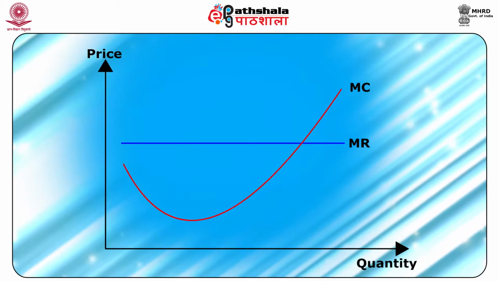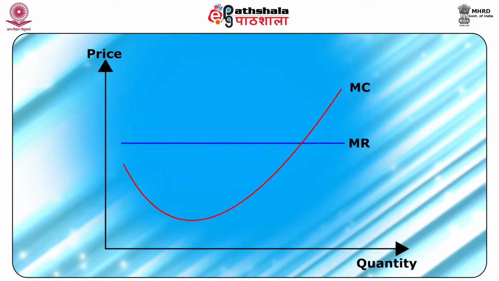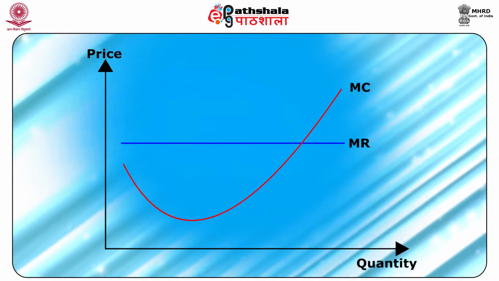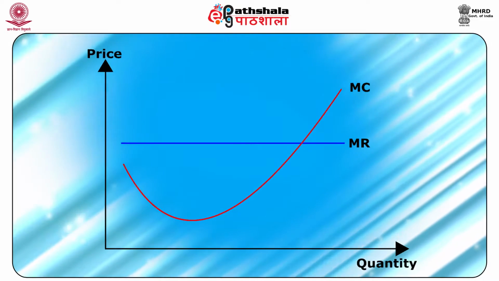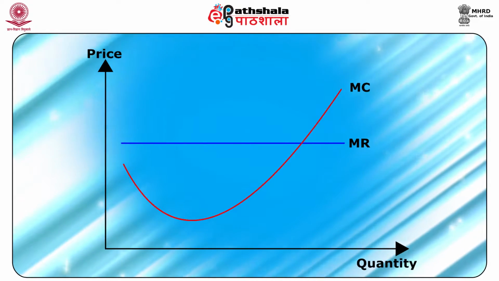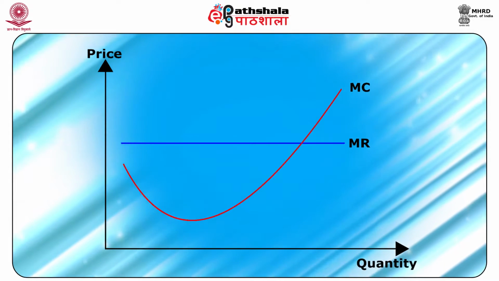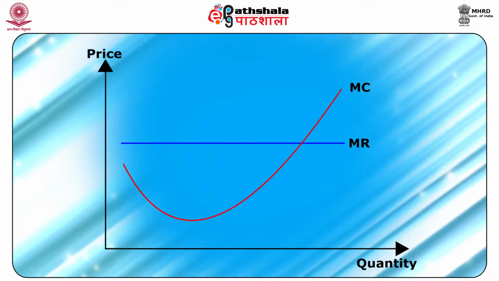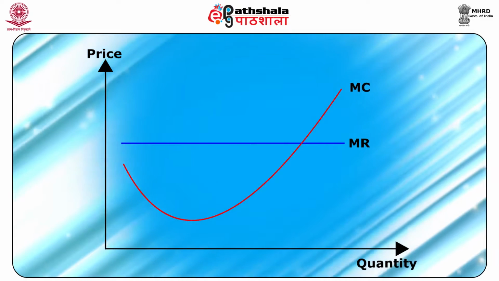The difference between the marginal revenue and the marginal cost means that on each unit the producer is getting a surplus of revenue over cost.